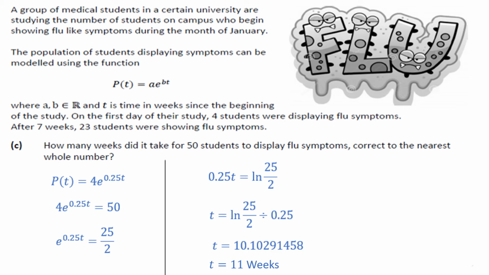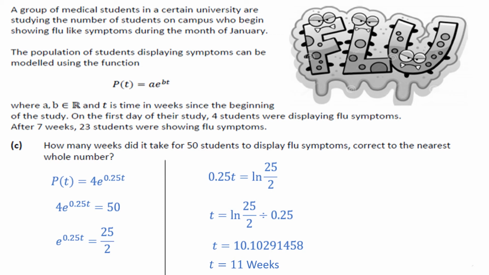So I would be saying, yeah, they'll probably give you the marks for 10 because it does round down to 10. But for me, how many weeks did it take for 50 students? Technically, 10 wouldn't be correct, because if we put in 10 weeks, we would just have under 50 students. So I suppose a little bit of ambiguity there with our final answer, but I will be going with t equals 11.